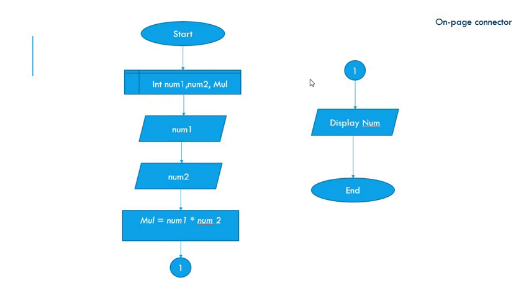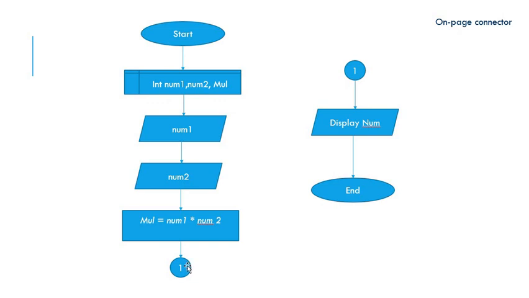So in this slide, I want to show you how you can use the on-page connector. As I previously explained, the on-page connector is used when you're drawing and you need a continuation of your program, but the space is not enough. For example, from this step until this process, the space is not enough.